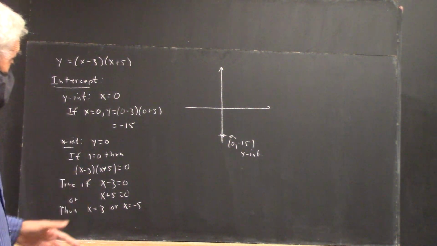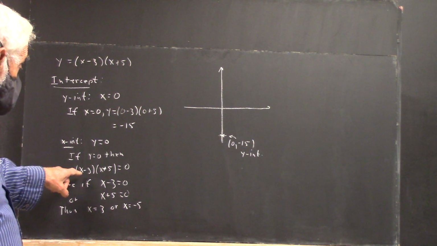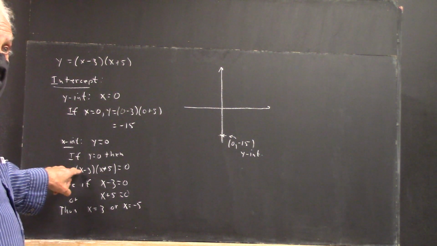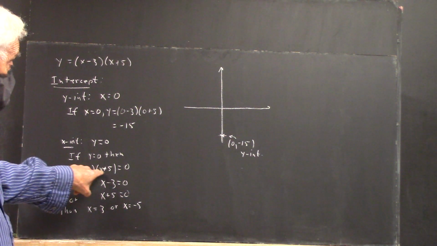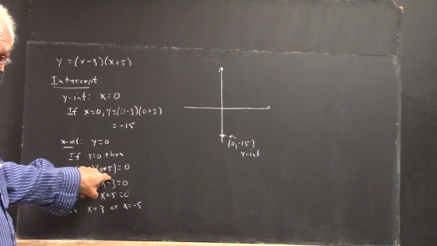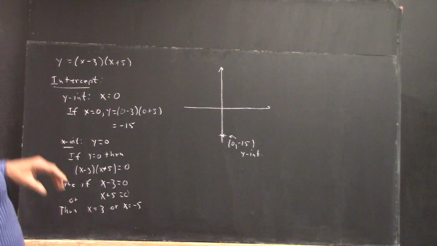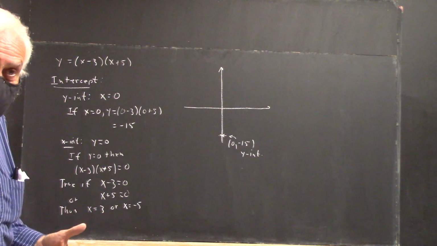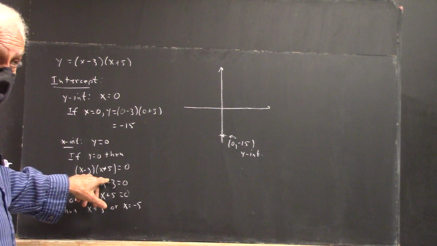Now that's a lot of trouble to do something that's kind of obvious in this case. What would make this 0? Well, 3 here, right? And what would make this 0? Negative 5. It's not as obvious if you have something like 7x minus 38 or some more complicated expression in here.